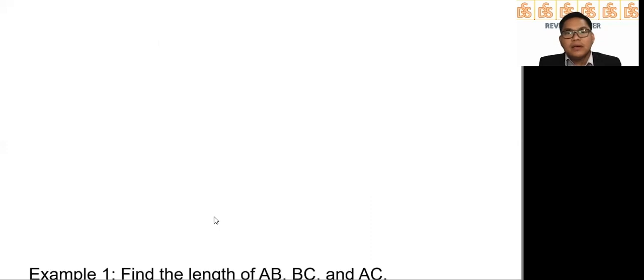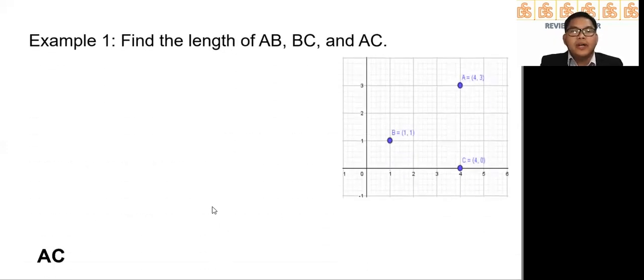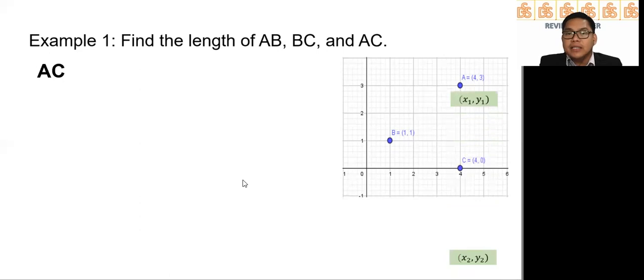And finally, for AC, we are to look for the distance AC. As I mentioned earlier, if they are aligned, we can simply count the number of units. So 1, 2, 3. That means the distance from A to C is 3 units. But just to verify if the formula is consistent, we may substitute point A as x1, y1 and point C as x2, y2.